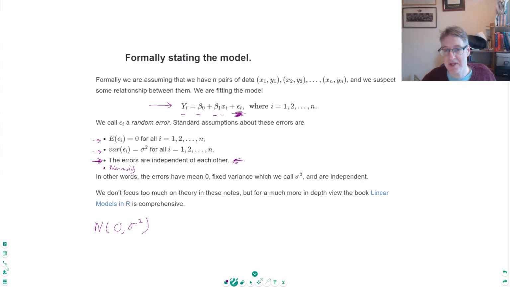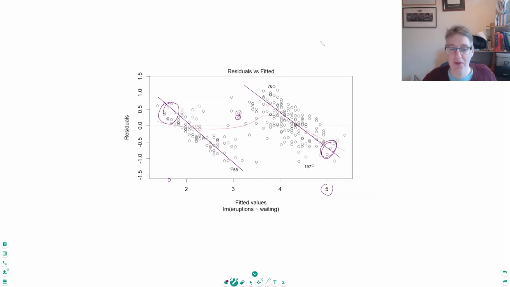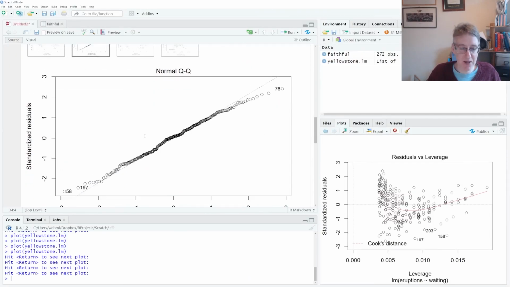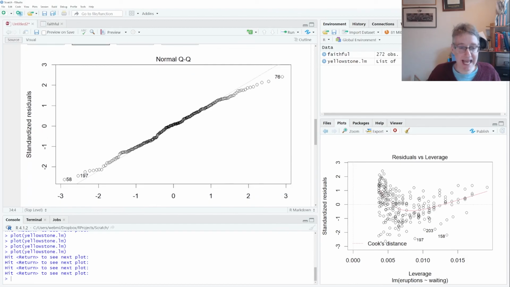To say again, we just need to look at this residual versus fitted plot, and if we see a pattern, then our assumption of independence is not going to be true. The second plot tests the normality, so we can test whether the data is normal, and here again this is likely to be a problem because my data is not particularly normal.